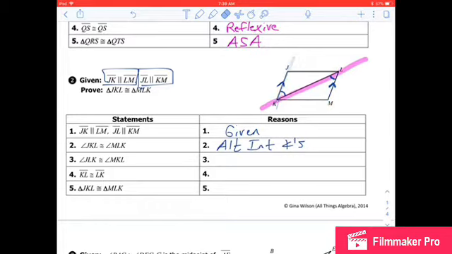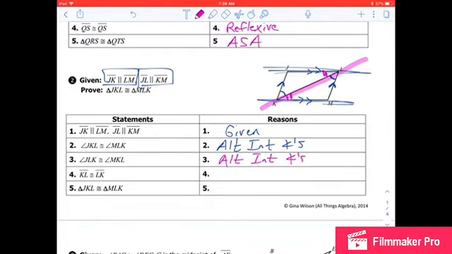And using that same transversal, we have JL is parallel to KM. So in the same way, here's the two lines that are parallel. The alternate interior situation is going to be here and here. Those two angles are also congruent by alternate interior angles.